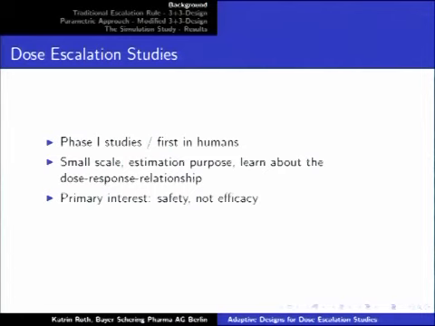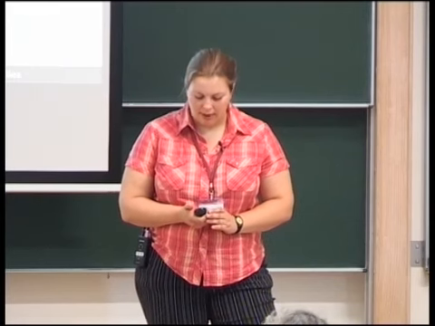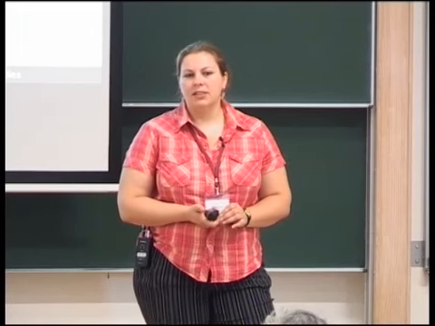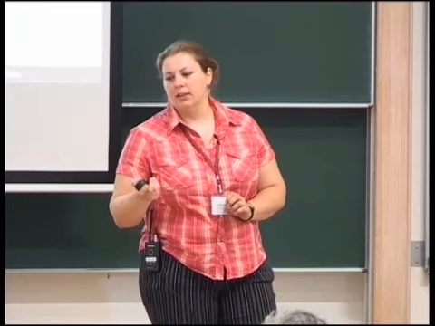The primary interest is in the safety of the drug, not the efficacy. And here we're dealing with the specific goal of finding the so-called maximum tolerated dose. That is the dose that we consider tolerable according to the toxicity that is induced by this dose. I give a more specific definition later.